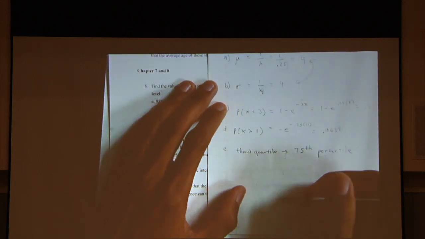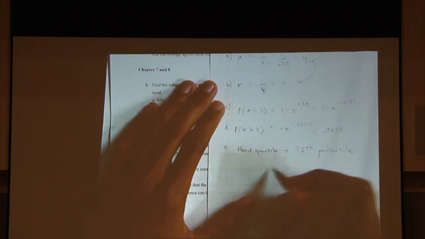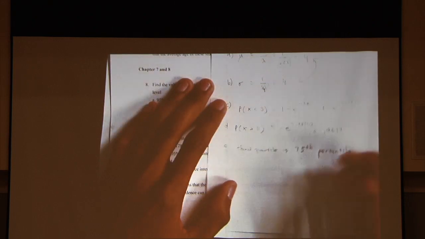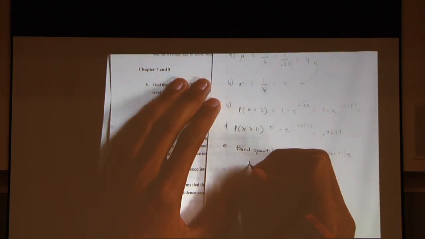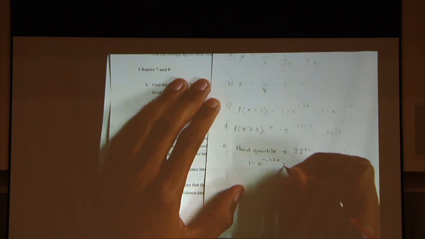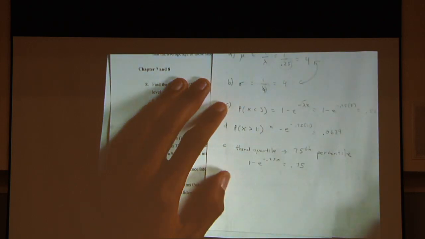Right? When you break it up into 4 pieces, you'll have 75th. So we have the same equation. 1 minus e to the negative 0.25x is 0.75, right?